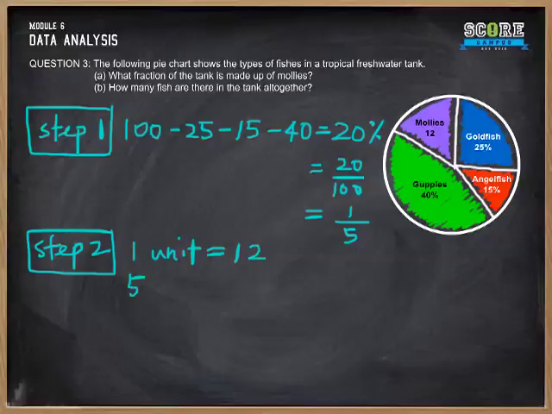What about 5 units? 5 units is 12 multiplied by 5. And the answer you get is 60. Total of 60 fishes in the freshwater tank. And that is your final answer. Part A is 1/5. And we are done with question 3 and lesson 1.